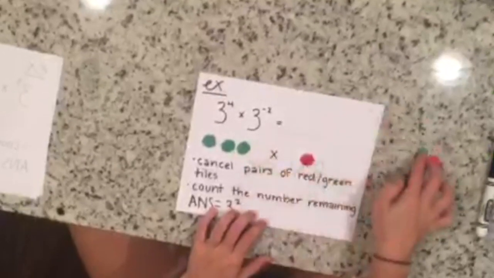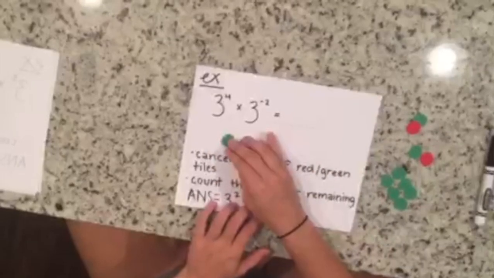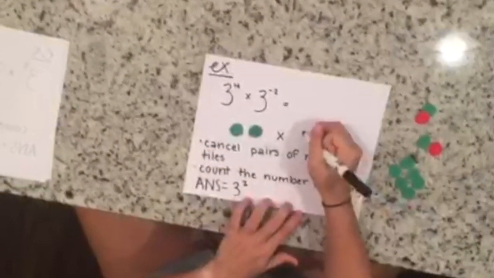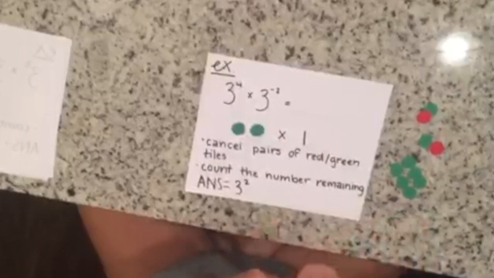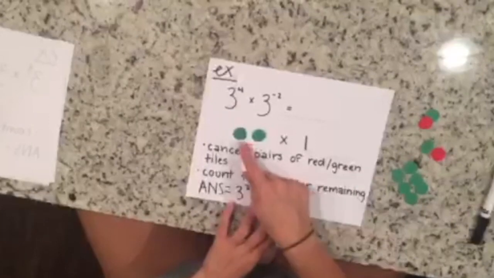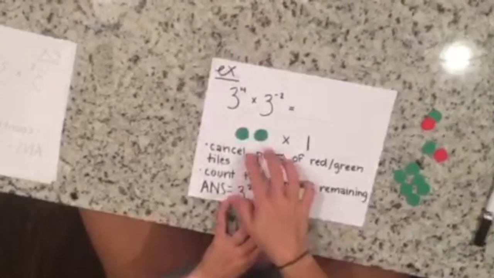So we can get rid of 1 pair, and we can get rid of 2 pair. So that leaves us with 2 3's, and then this becomes a 1 because there's nothing left. So now we can count the number remaining. So we have 2 green tiles remaining, so that means that our answer is going to be 3 squared.